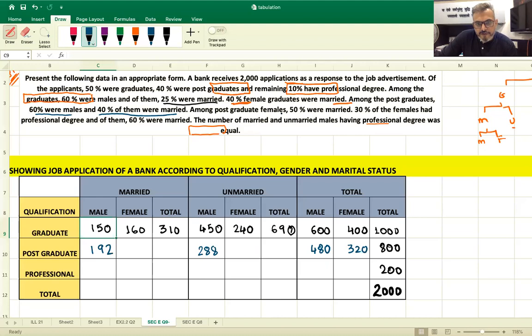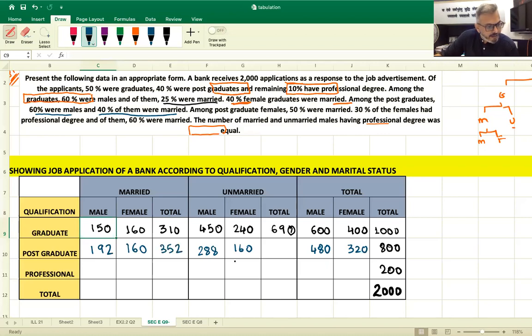Among postgraduate females, 50% were married, so 50% of 320 are married, so 160. So unmarried also 160. So do the total now. 160 plus 192, 352.